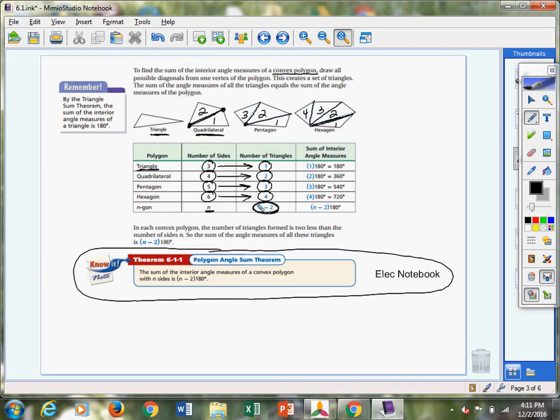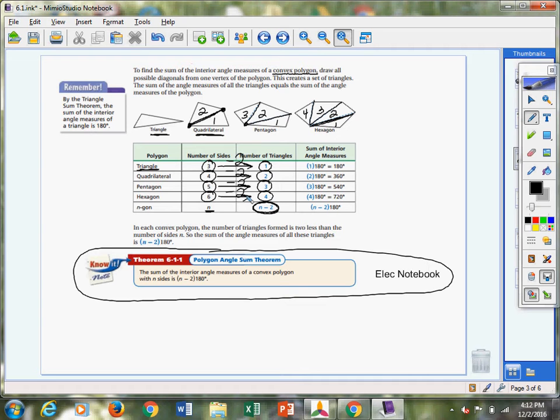However many sides I have, if I take away 2, that's how many triangles are forming. 3 minus 2 is 1, 4 minus 2 is 2, 5 minus 2 is 3, 6 minus 2 is 4. That's the patterning we're seeing from this example.